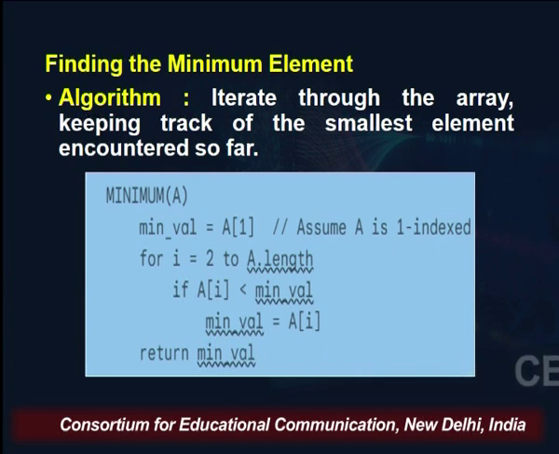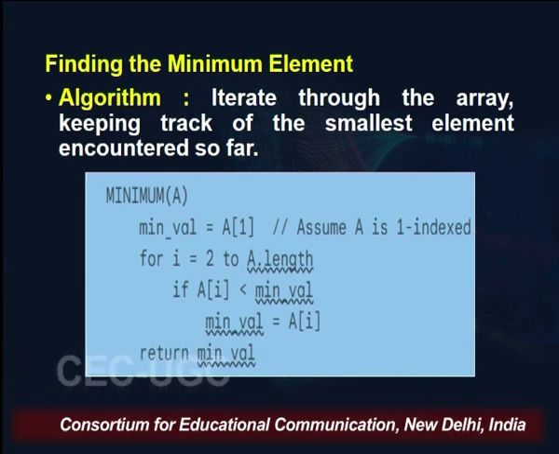For example, we have 2, 1 and 3, and 2 is the present minimum, the first value. When we compare it with 1, we update our minimum value to 1, and we keep on iterating this through the whole array. So for finding the minimum element, we have a very standard naive algorithm, which iterates through the array and keeps track of the smallest element encountered so far.